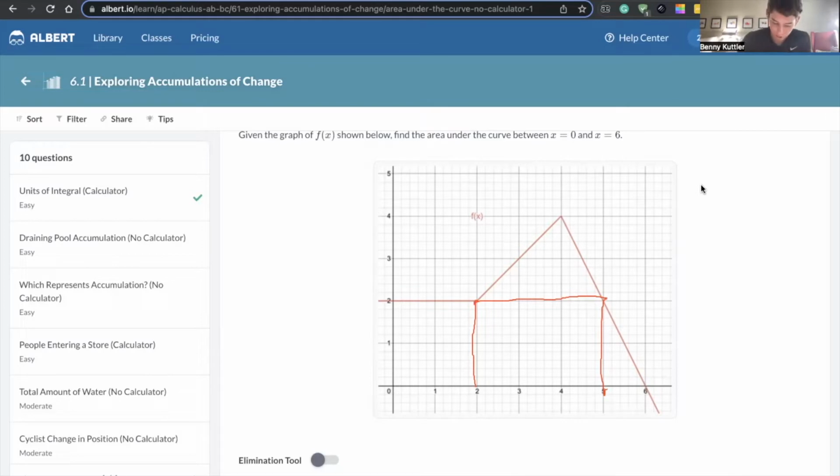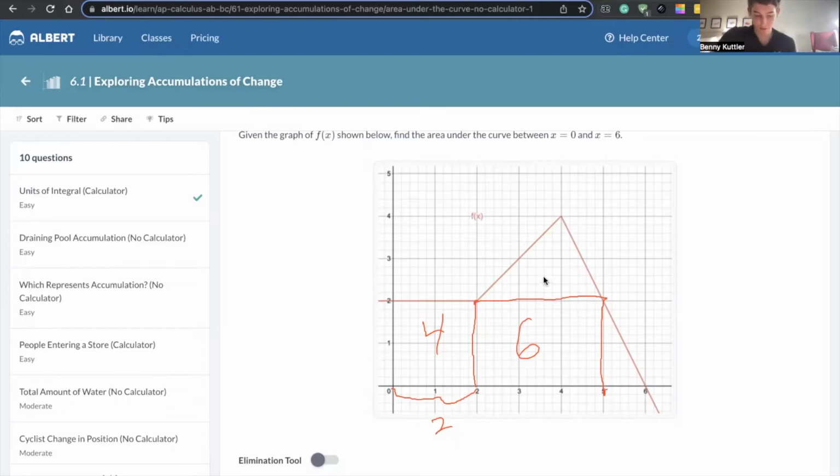So if we look, the base is 2, the height is also 2, this is a square, the area is 4. This one we have 1, 2, 3 times 1, 2, 3 times 2 is 6. So that's the area of that rectangle.